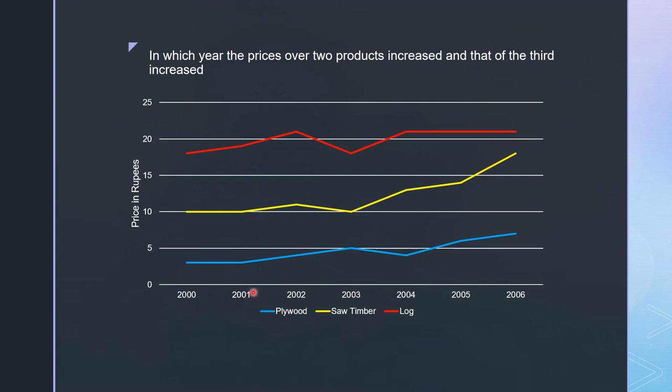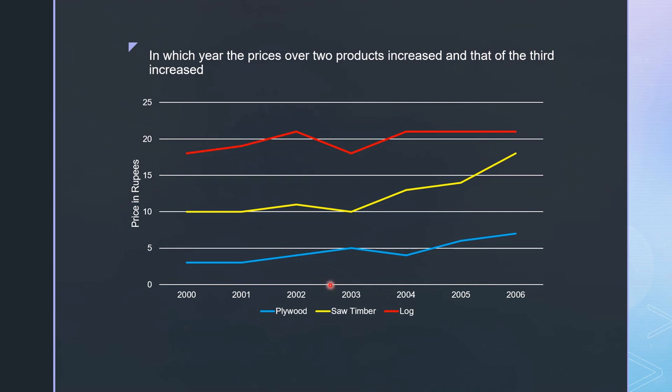In 2001 the plywood price is 3, the saw timber price is 10 and the log price is 19. So these two are the same, plywood and saw timber, only the log increases by 1 point.